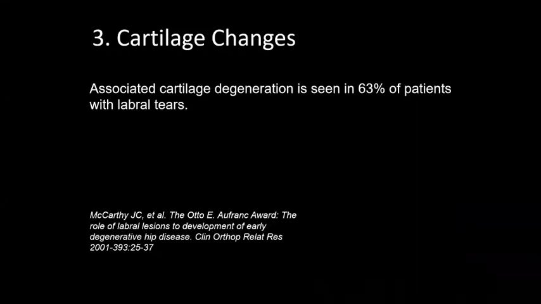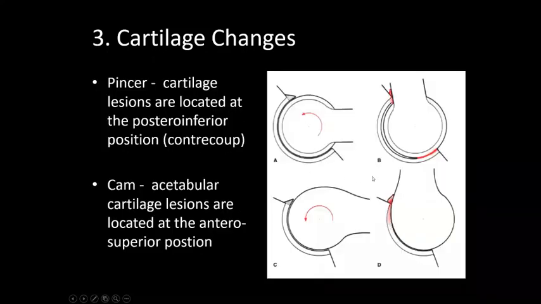I think we stopped here at the cartilage changes associated with femoroacetabular impingement. And what we said was that in pincer patients, because of the contact between the femoral neck and the anterior acetabulum, what will happen is posterior subluxation of the femoral head, and because of that, the cartilage changes happen posterior-inferiorly.